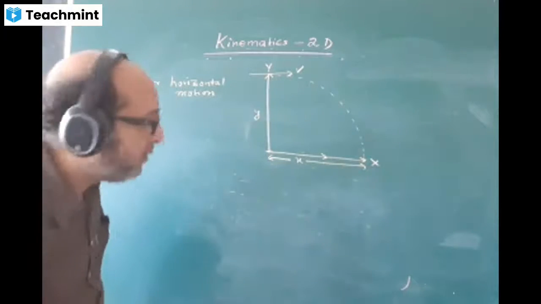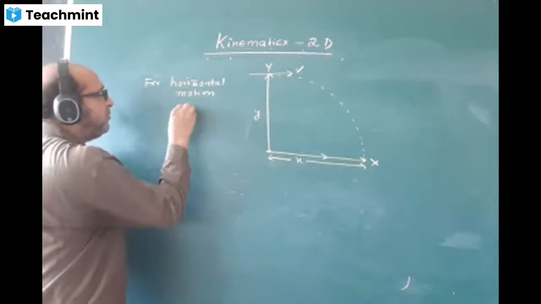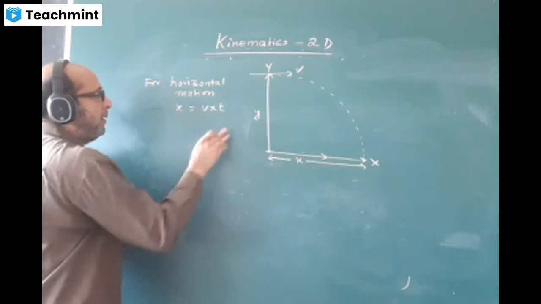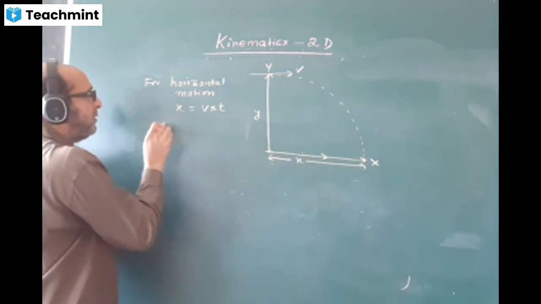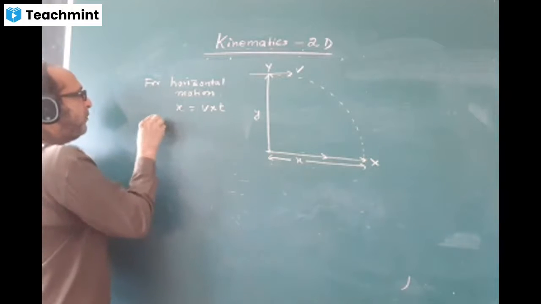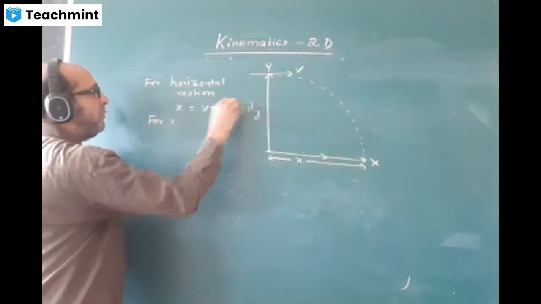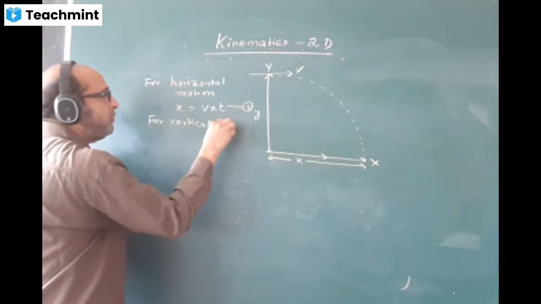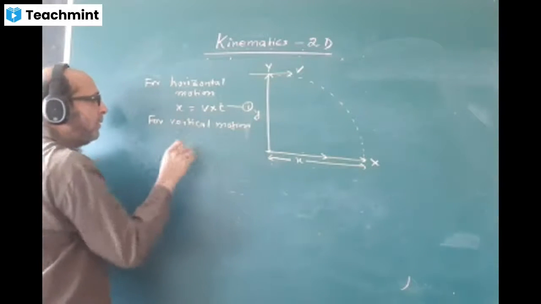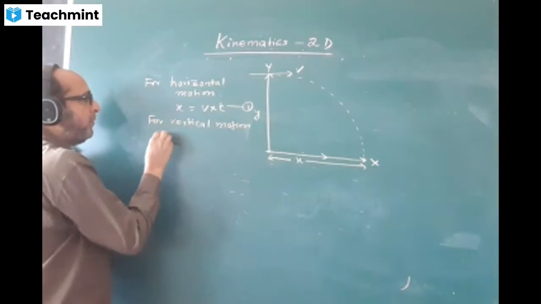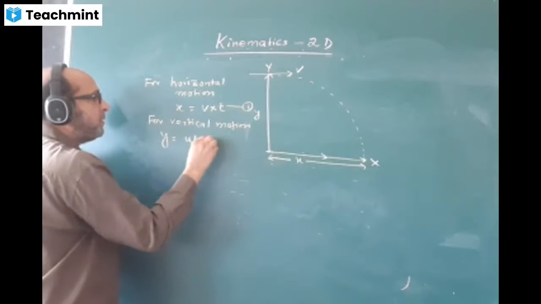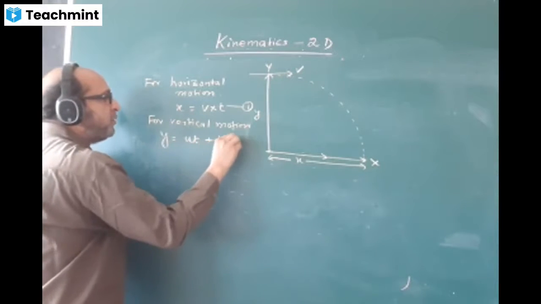For horizontal motion, we will be writing h is equal to velocity into time. Mark this equation 2. For vertical motion, we'll be writing y equal to ut plus half gt square.